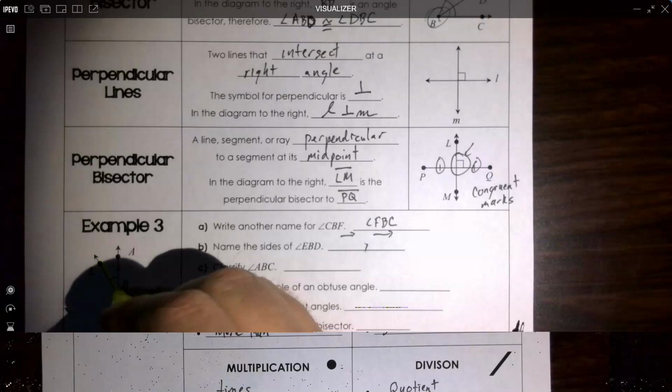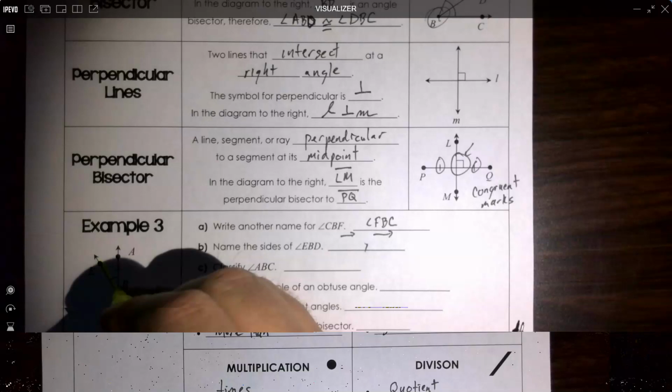So that means angle FBC and angle ABE are both the same size. And you could have said EBA, or CBF. So there are multiple answers to this question.